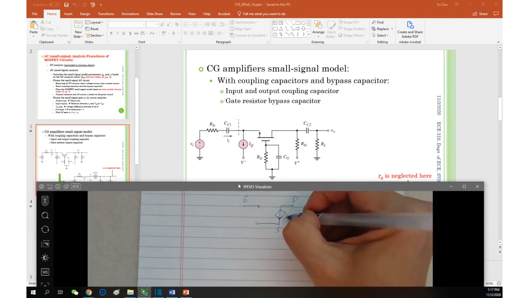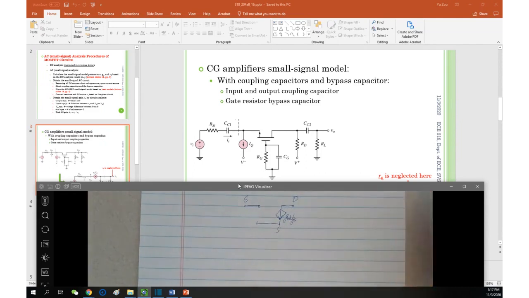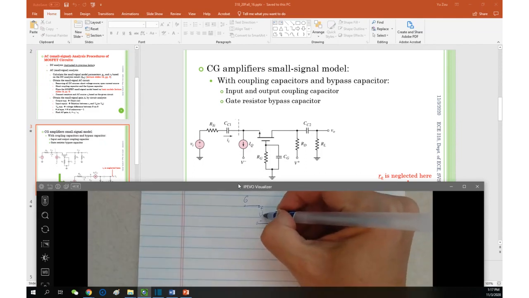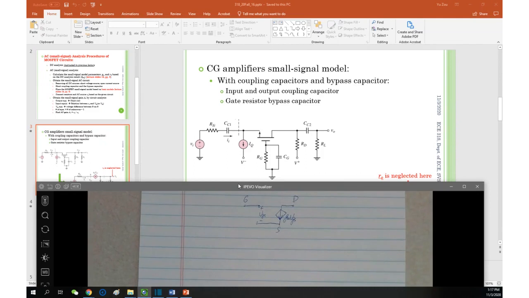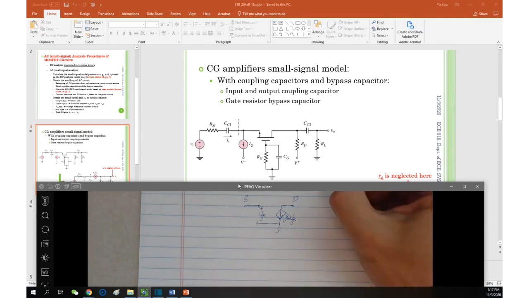And of course, we know this VGS times gm, and here is VGS. This is the transistor itself. According to the requirement of the problem, we decide whether to involve r0 or not. Be very careful. r0 equals VA divided by ID.